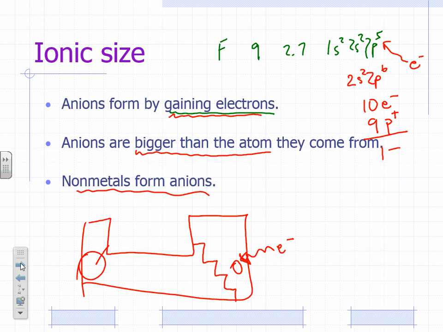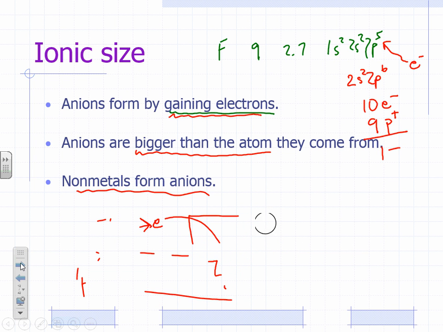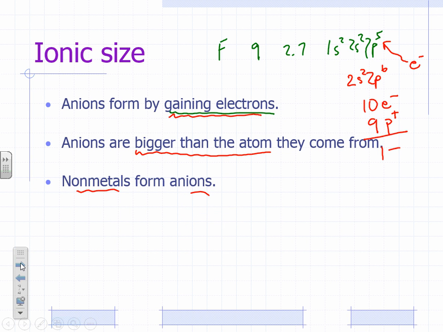All electrons tend to go from these bigger atoms to these smaller atoms. And so the smaller atoms, the non-metals, are the chemicals that tend to gain electrons. Okay, so that's a general summary of ionic size.